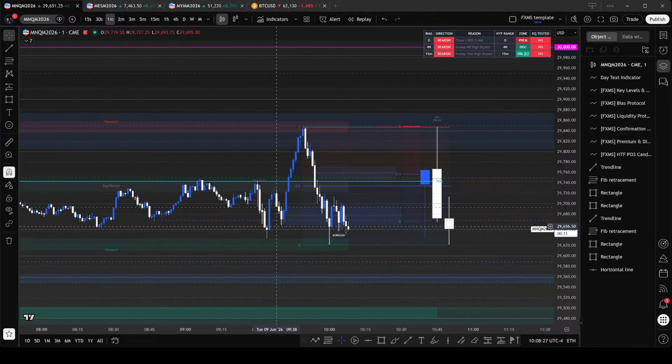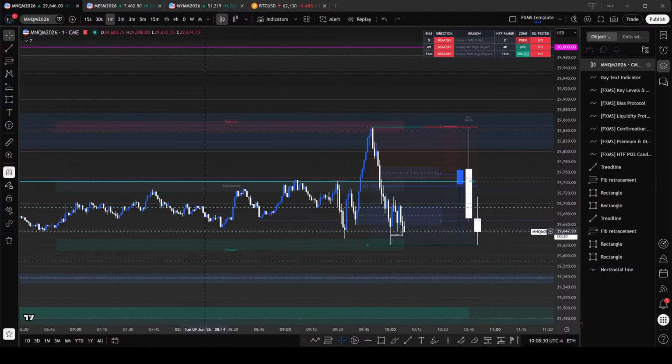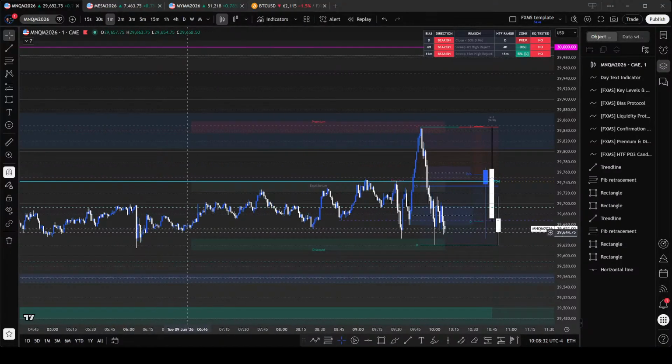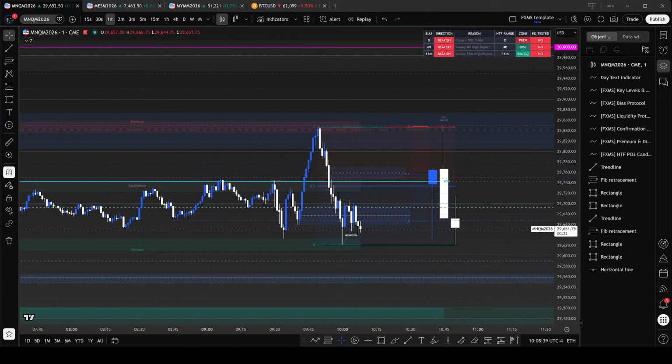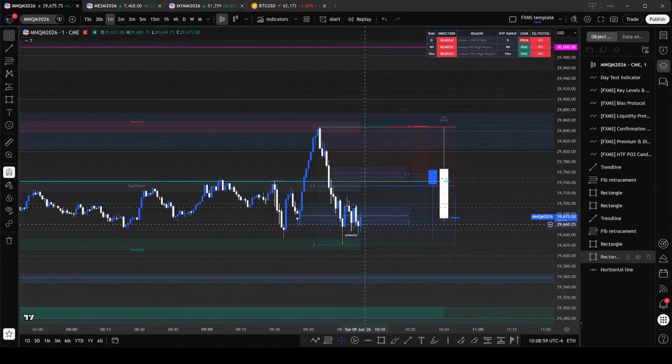All right, so we're still holding that 50 line pretty strong. That last area that we swept here. This move, right? Maybe a little glimmer of hope from the bulls here.